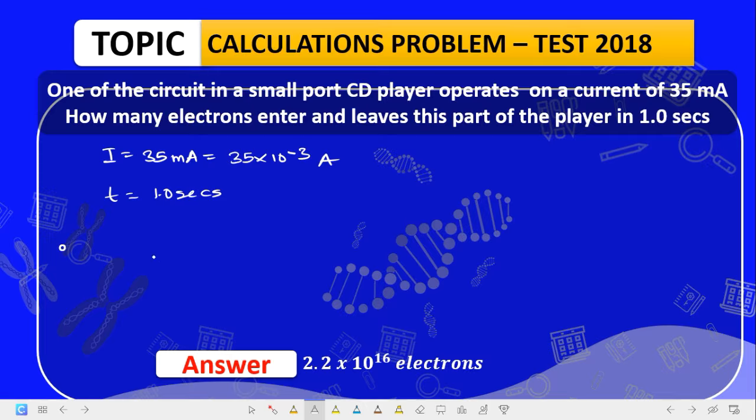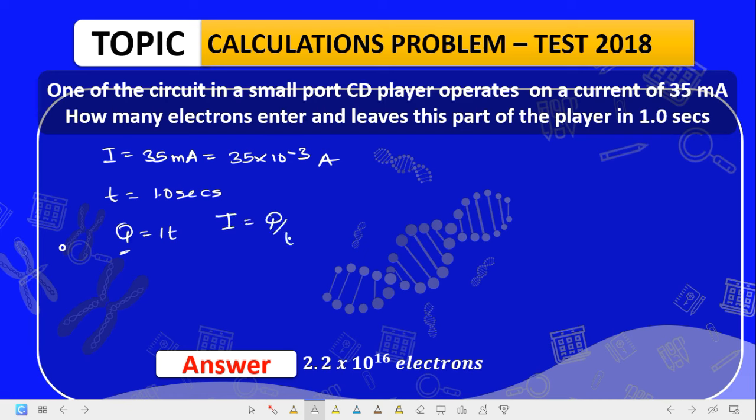Now we know that Q is equal to IT. I used to say the quantity of charges is equal to the current in ampere times the time, because we said that the electric current is the rate of flow of charges.